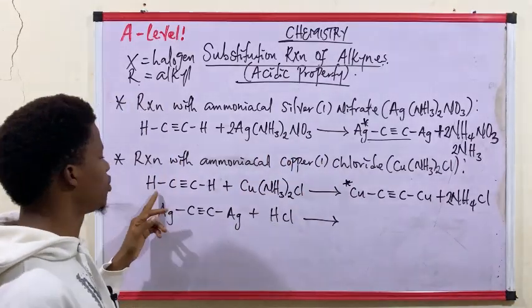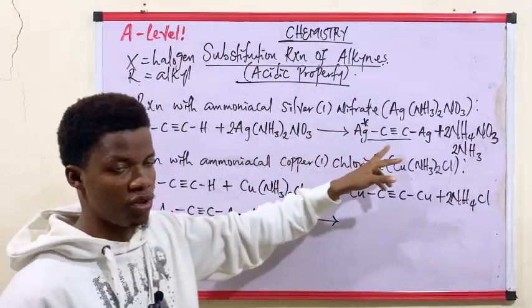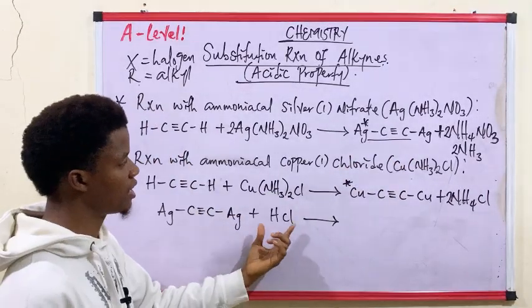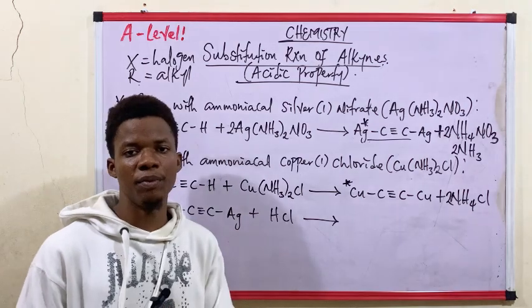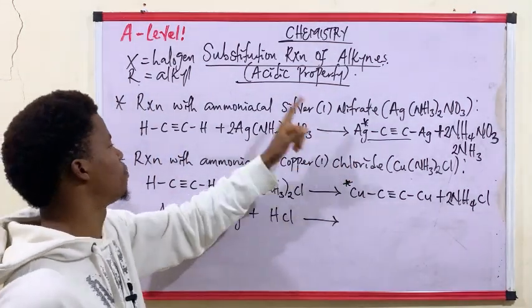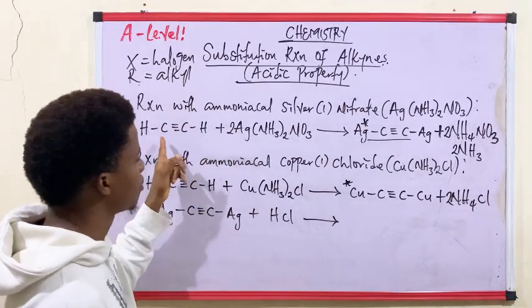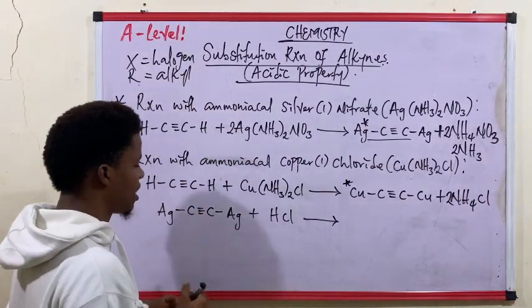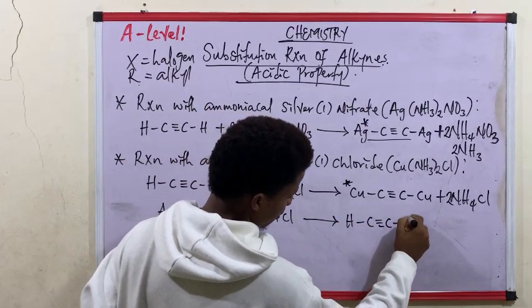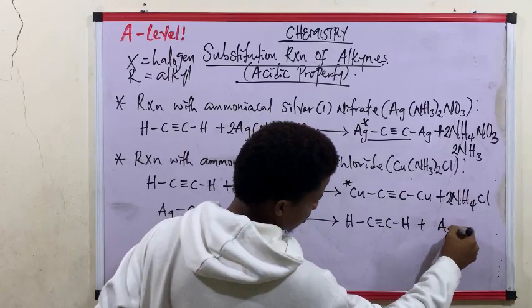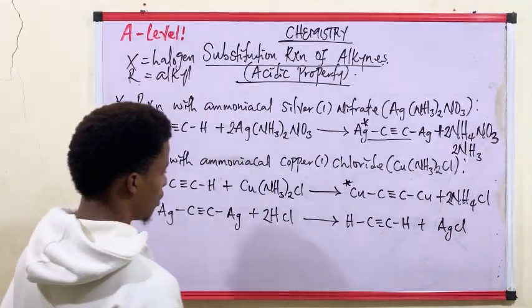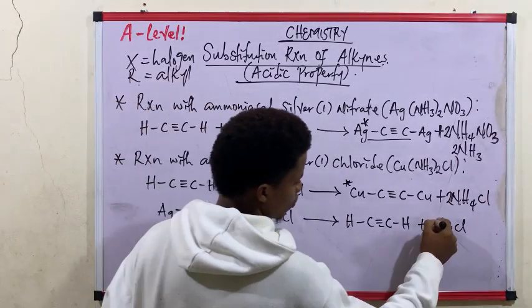Remember we used ethyne, we converted ethyne to this. So because this is unstable, when it reacts with mineral acid like hydrochloric acid, it is going to give us back our alkyne, which is ethyne. So we're going to have HCCH plus AgCl. By the time we balance, we'll put 2 here, and then we'll put 2 here.